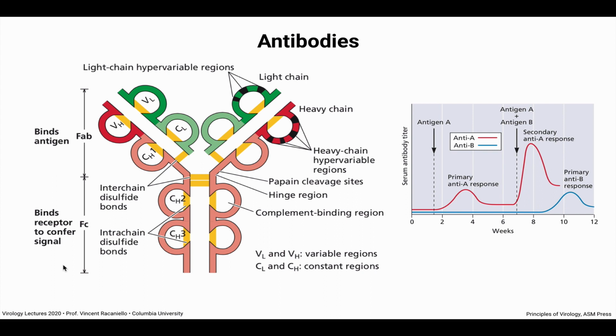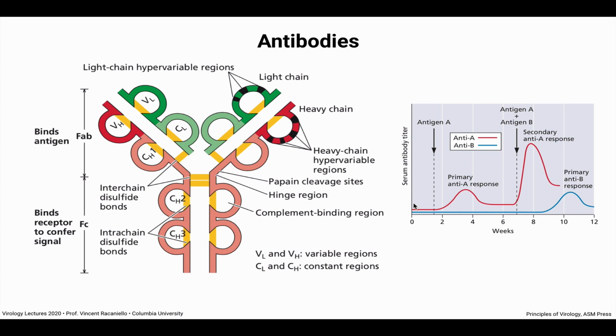The antibody binds to antigen via the top part of the molecule, in particular by these hypervariable regions, which for each antibody molecule recognize a very specific epitope, a short sequence on a protein, or a conformational epitope, if you will. We'll talk more about epitopes when we talk about vaccines. So that's the antibody that is produced by the B cell after it's activated by the binding of an antigen to the B cell receptor.